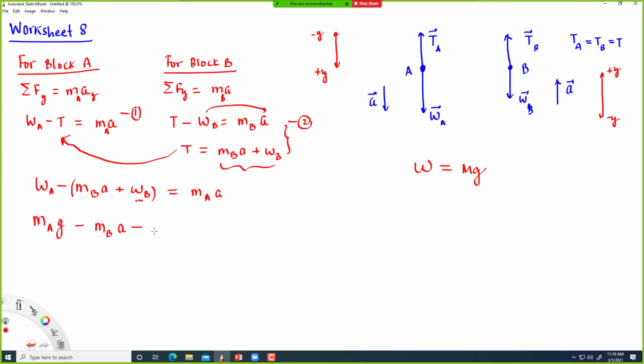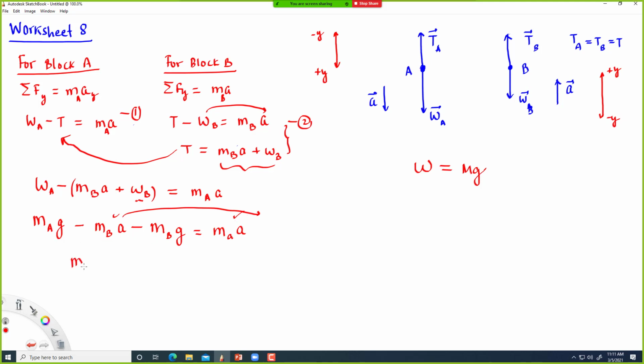Weight WB is MB times G, and MAA. So we want to find A. That means we want to write all the terms with A on one side and everything else on the other side. This one has A, this one has A, so put the terms with A on this side, and everything else on the other side.